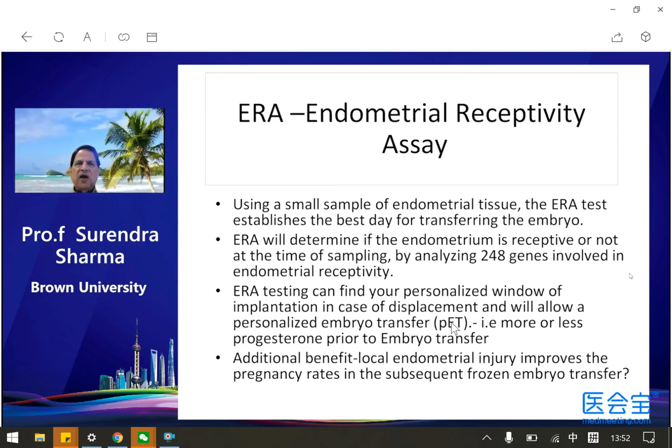ERA testing can find your personalized window of implantation in case of displacement and will allow a personalized embryo transfer that is recommend more or less progesterone prior to embryo transfer. Another benefit that people are talking about is that local endometrial injury improves the pregnancy rates in subsequent frozen embryo transfer.